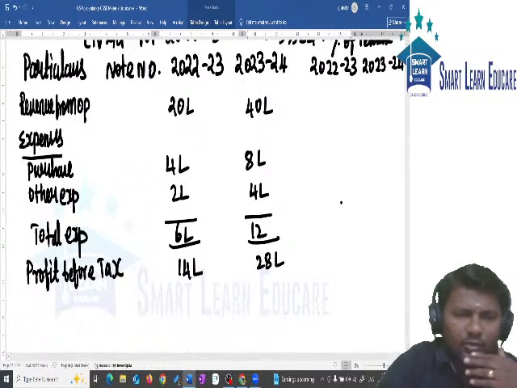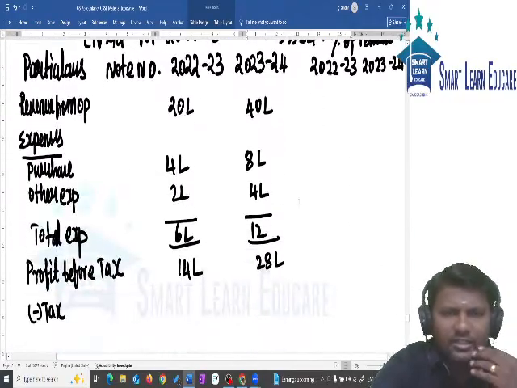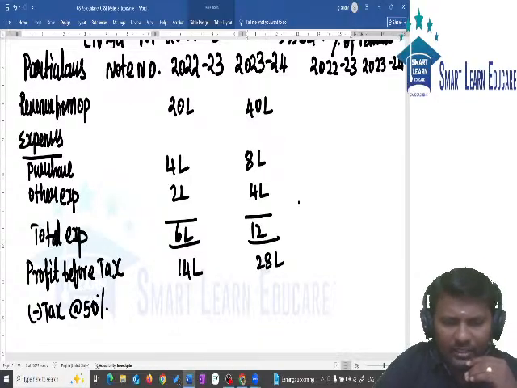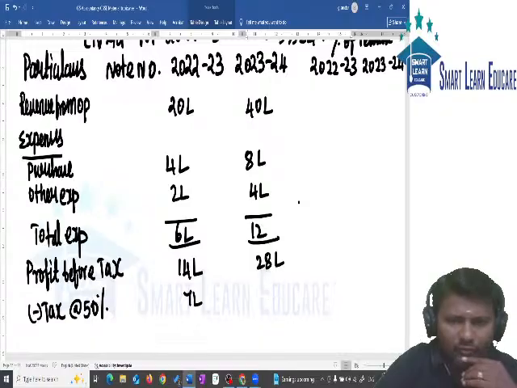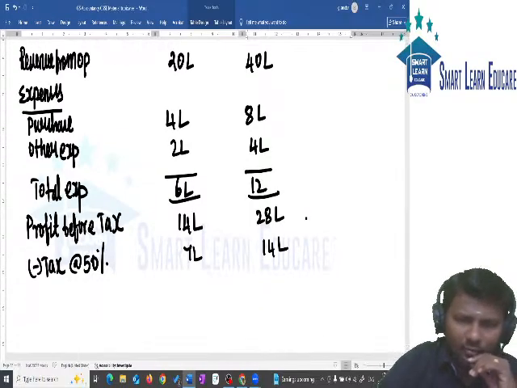Profit before tax over. Less tax. What is the tax rate given in the question? 50% is the tax rate. So tax rate at 50%. 14 lakh into 50% will give you 7 lakh. 28 into 50% also gives 14 lakh. But this will give you profit after tax.